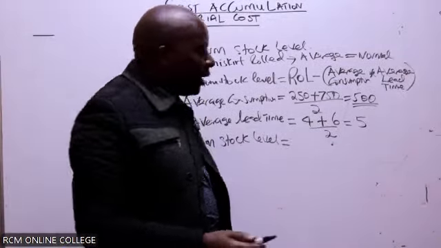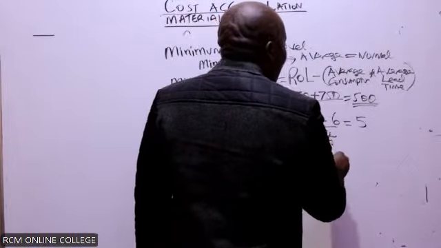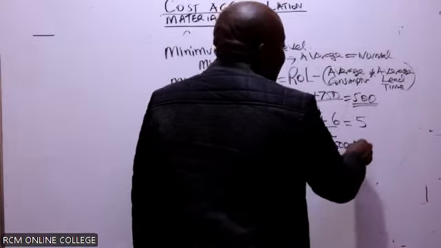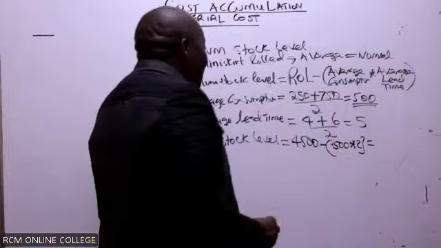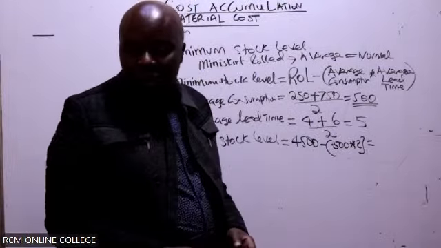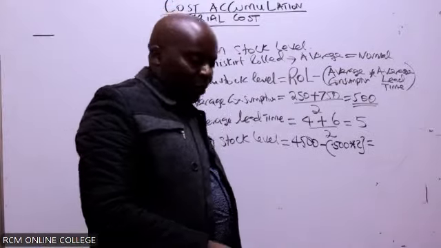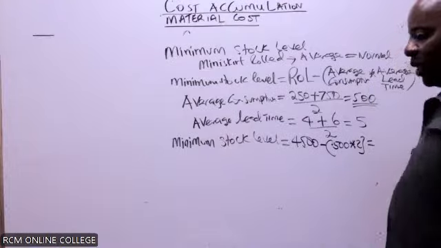The reorder level was 4,500 minus the average consumption, which is 500, times the average lead time, which is 2. So it means that the minimum stock level at the end of the day will be equal to who?